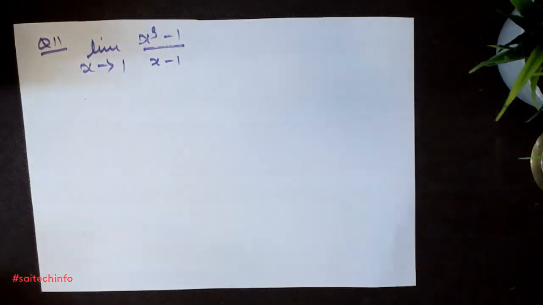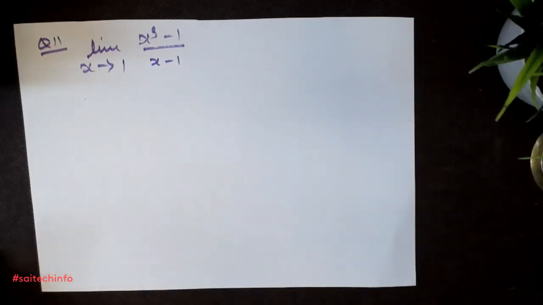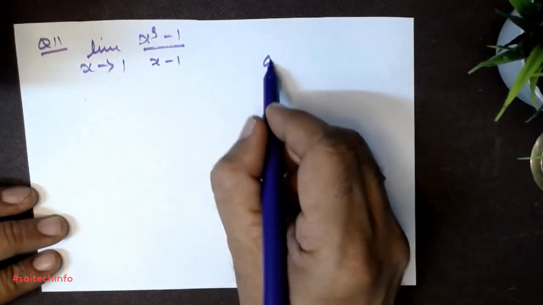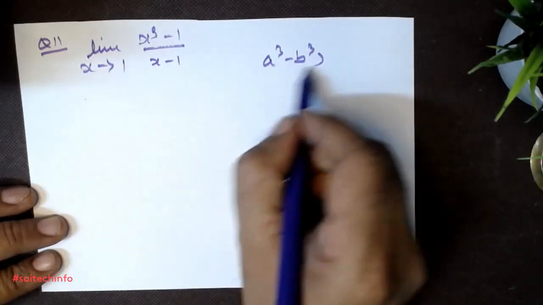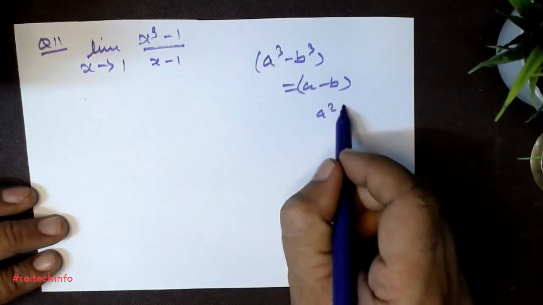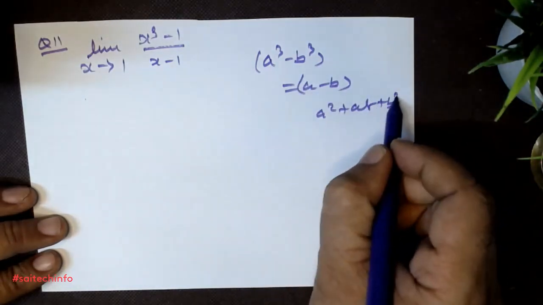Can you do it? I think we had discussed this one yesterday itself. So what you are supposed to do, you have to factorize it. So you can apply a cube minus b cube formula. What is the formula? A minus b into a square plus ab plus b square.